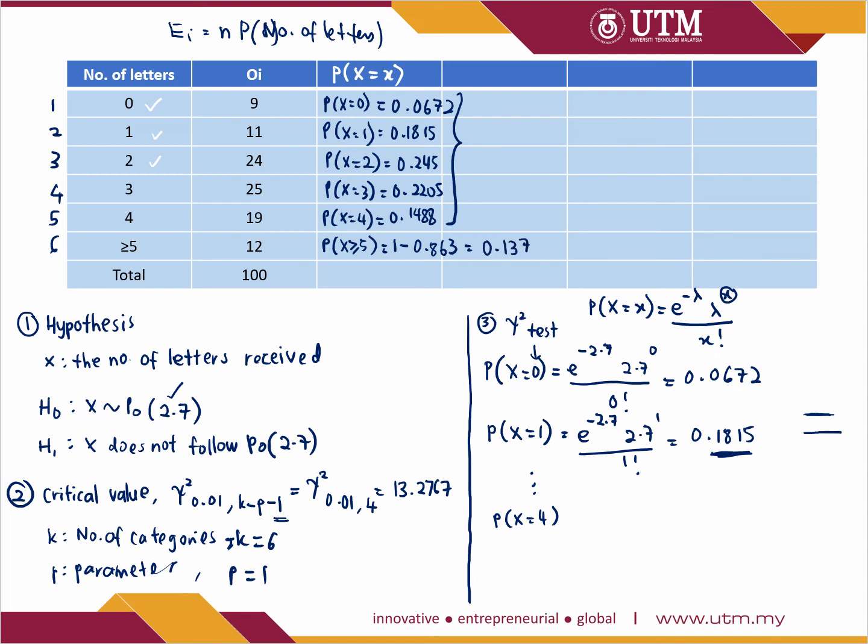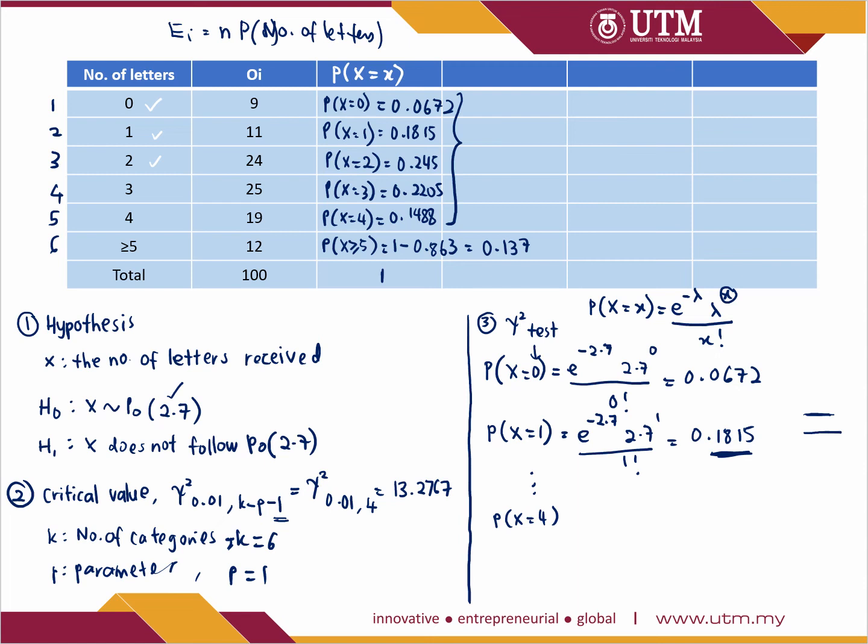Okay, so when you sum up all these probabilities, at the end the value should equal 1. Remember, for a discrete probability distribution the total should be equal to 1.